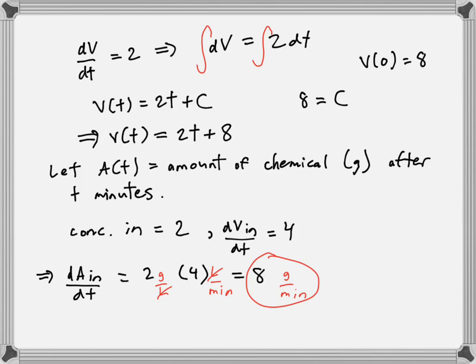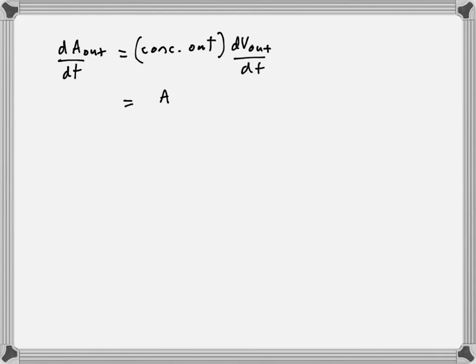Now let's talk about the out case, okay? So, remember, this is going to equal the concentration going out times dV out dt. However, the concentration going out is not a constant, right? Remember, the concentration going out is A of t divided by V of t times dV out over dt.